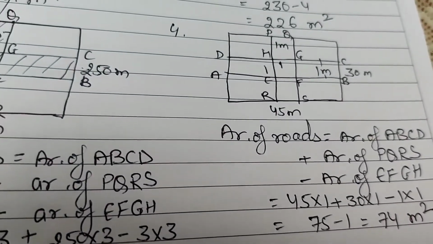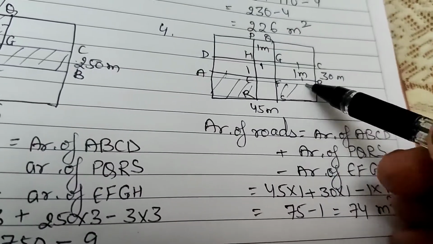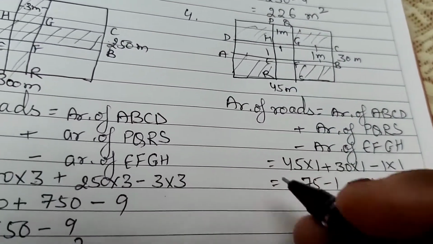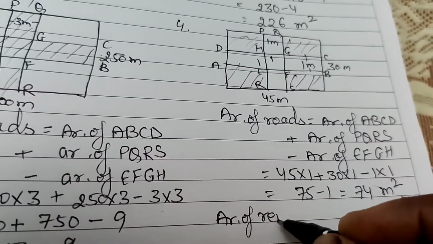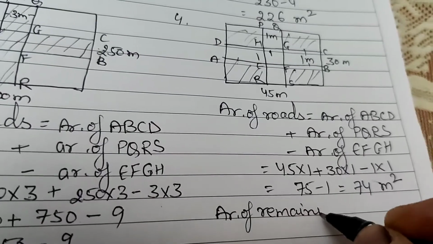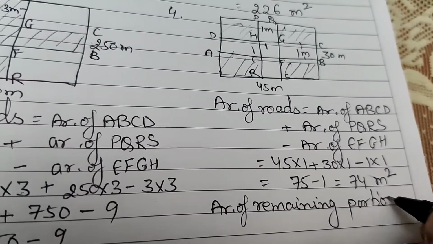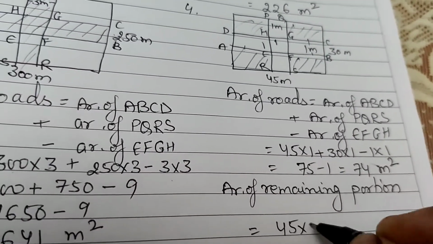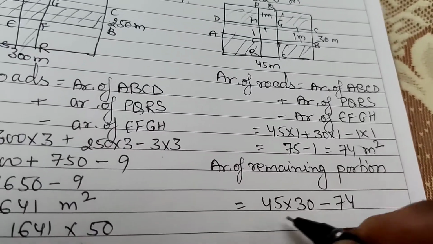And the other question is, find the area of remaining portion. Remaining means this portion, after the roads, this area. So you can write area of remaining portion equal to area of rectangle, that is 45 into 30, minus 74, area of roads.